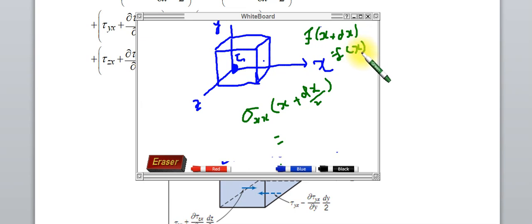plus f dash of x, dx over 1 factorial, and plus f double dash of x, dx whole square divided by 2 factorial.